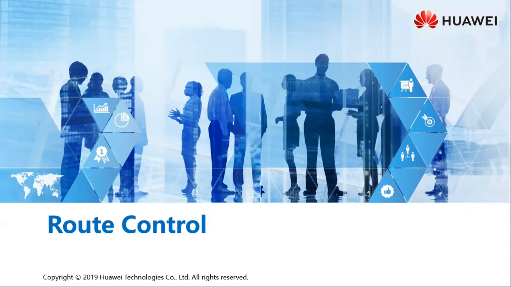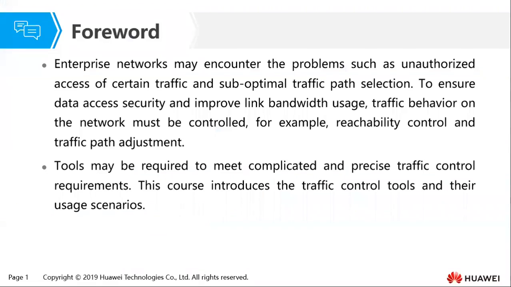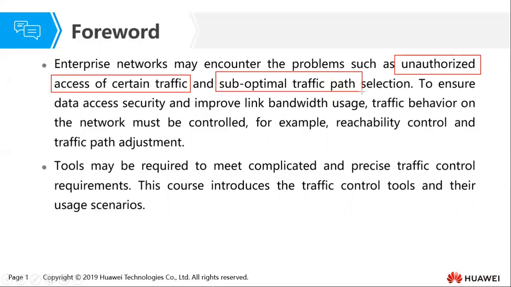This evening we want to look at this topic called route control, how to control traffic within our network. So I'll read the foreword. Enterprise networks may encounter problems such as unauthorized access of certain traffic, and the other problem is suboptimal traffic path selection.